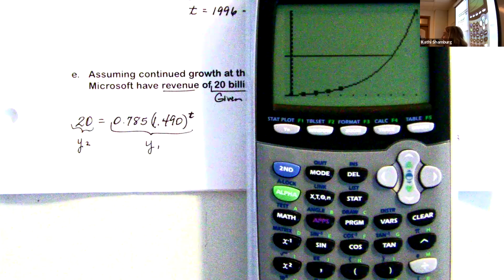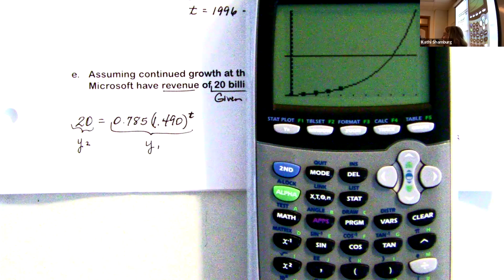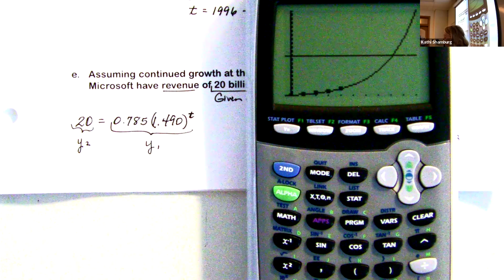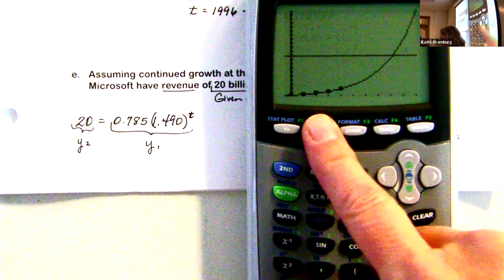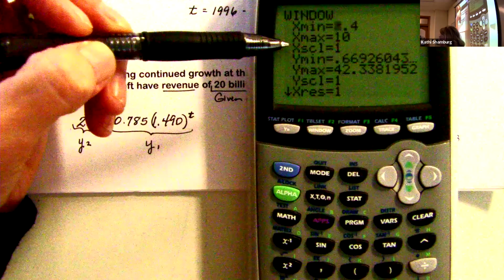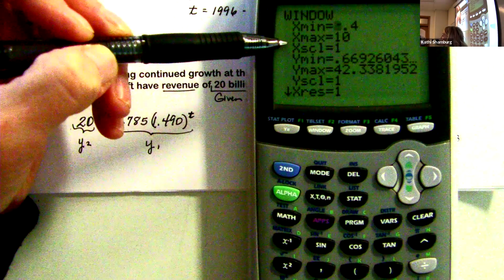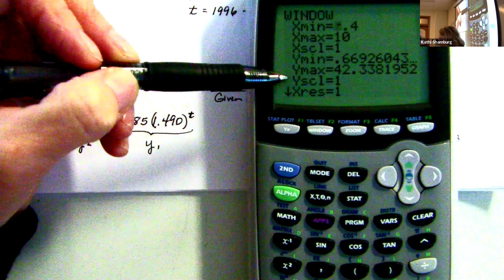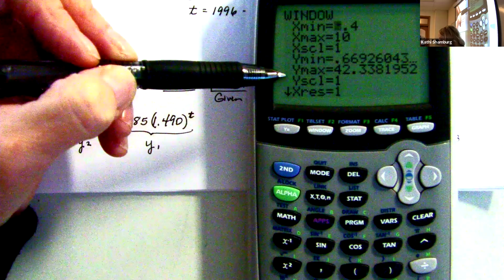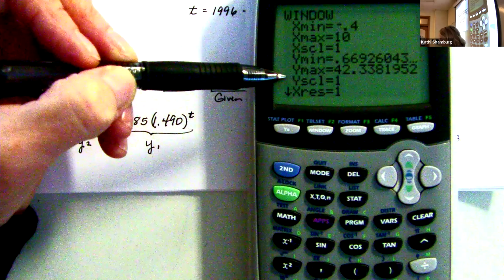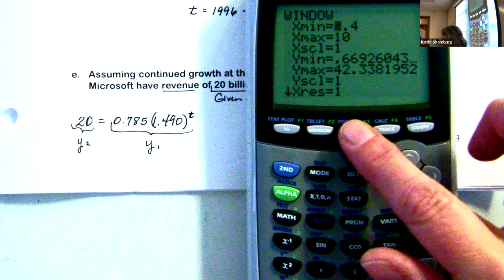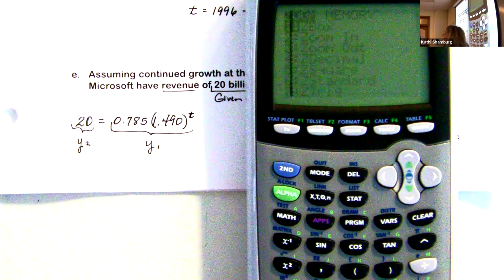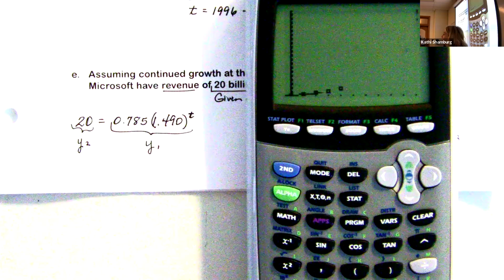Okay, mine came out all right. Can you guys see the intersection? Okay, I'm going to go back to my window. For your X max, put in 10. For your Y max, put in 45. And then hit zoom 0. See if that helps. Kind of basing it off of what my numbers were.